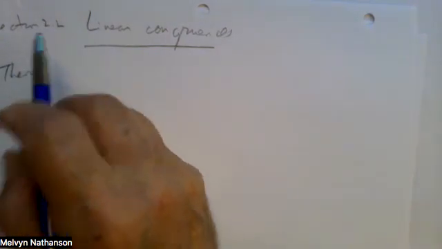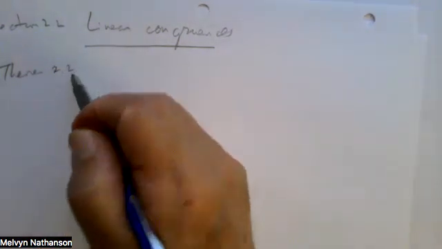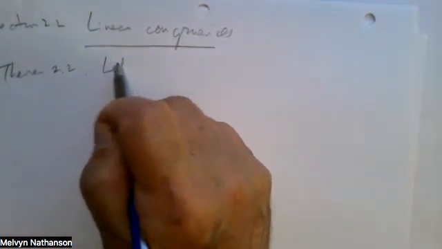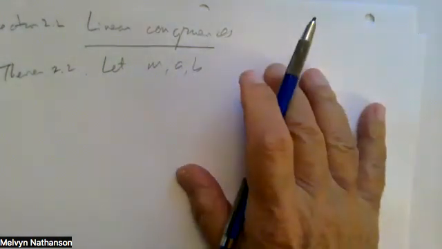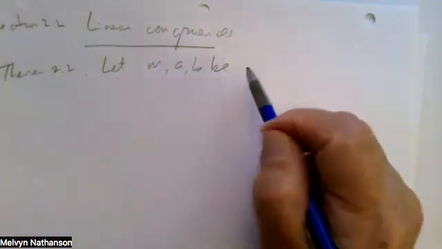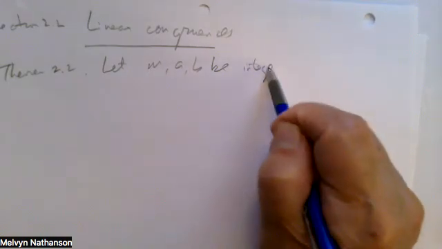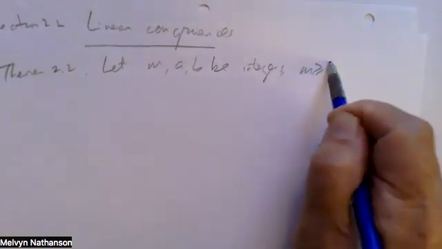And this is theorem 2.2, which says the following: let m, a, and b be integers. M is the modulus, it's at least 1. A and b can be any integers, positive, negative, or 0.